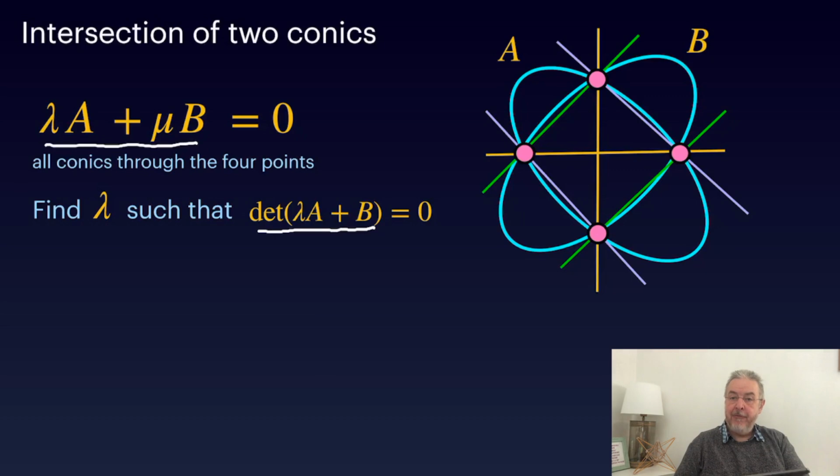Because when we have a full rank matrix, which corresponds to a non-degenerate conic, the determinant will not be 0, and if the determinant is 0, we will have a degenerate conic. So we must find a lambda such that this equation here turns out to be 0.